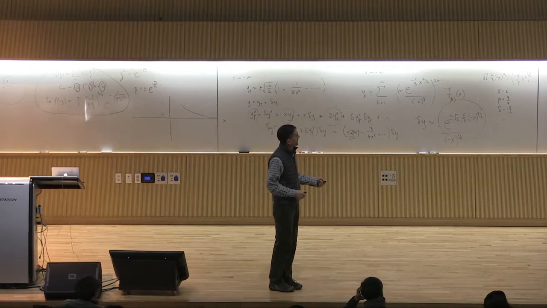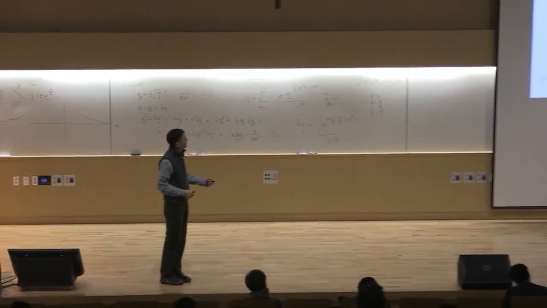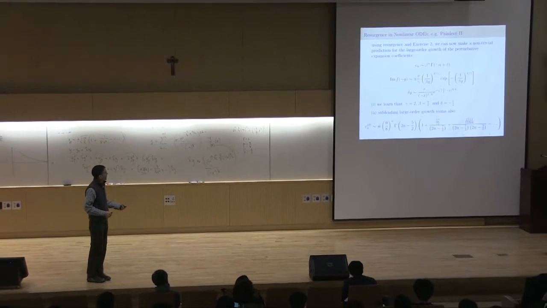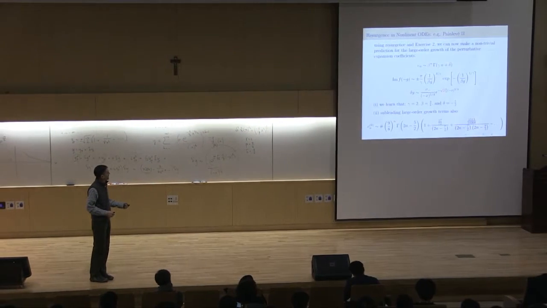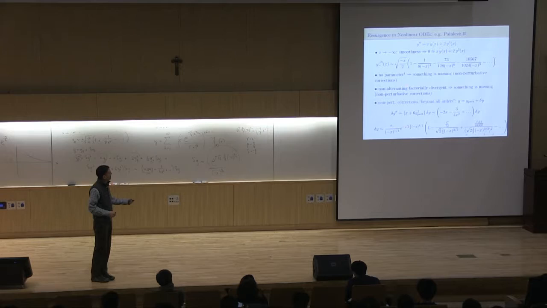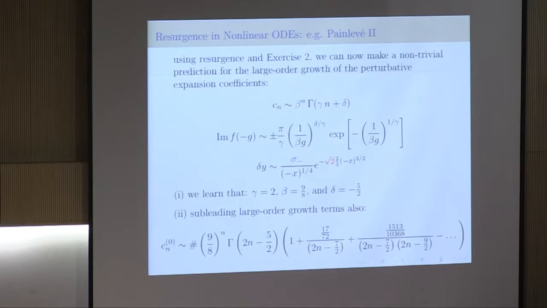So here on the next slide, this is sort of an exercise for you to check these quantities. So the prediction is that these coefficients in the perturbative sector, these guys here, are going to grow like gamma 2n minus 5/2 with a power of 9/8 to the power n.